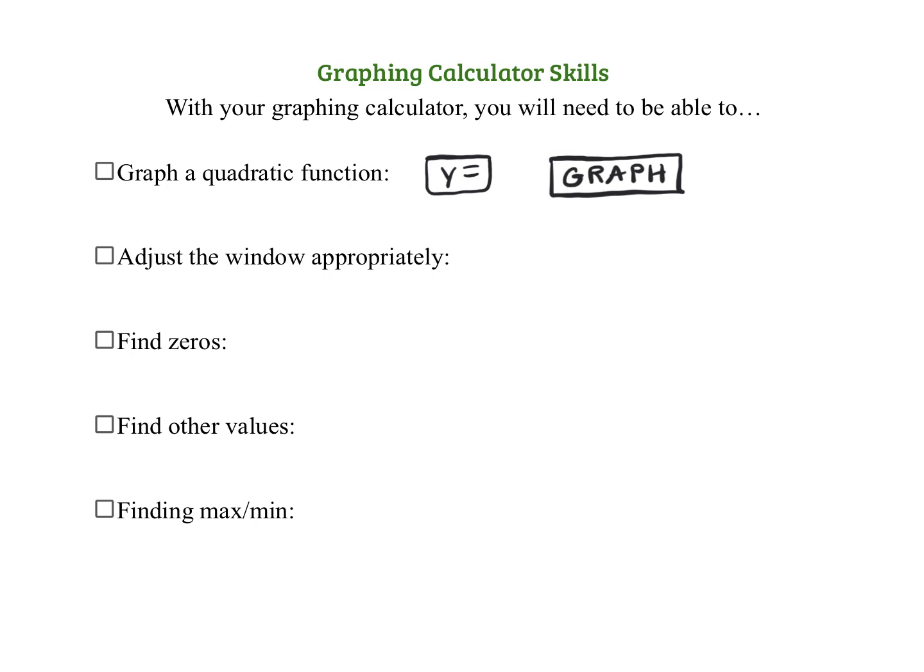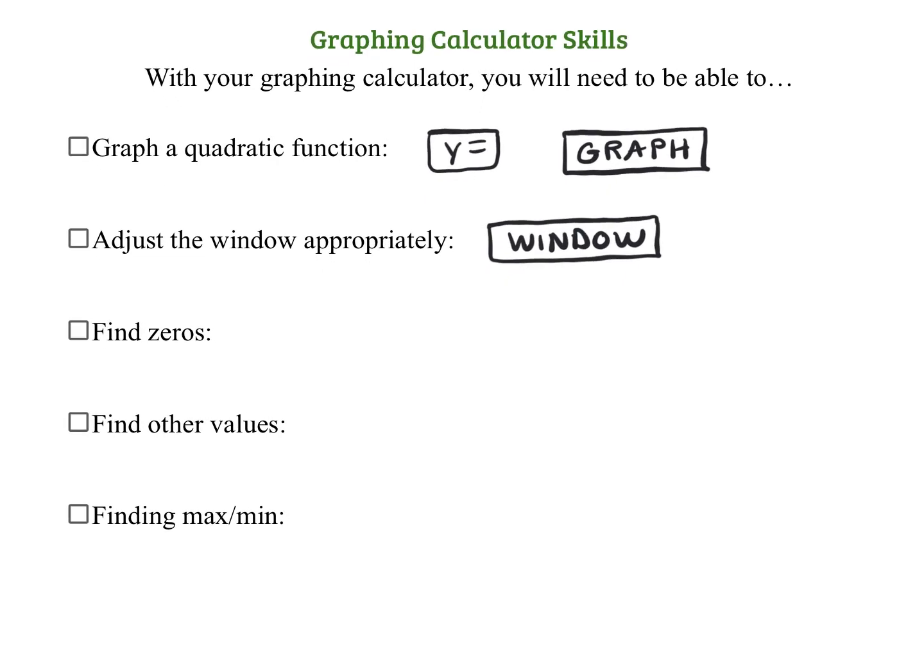And the most common reason why you won't see anything is because your window is not set. So then you're going to need to adjust your window appropriately. So there's a button along the top that says window that you'll look for. And then you're going to set the x min and x max, and then the y min and the y max appropriately.